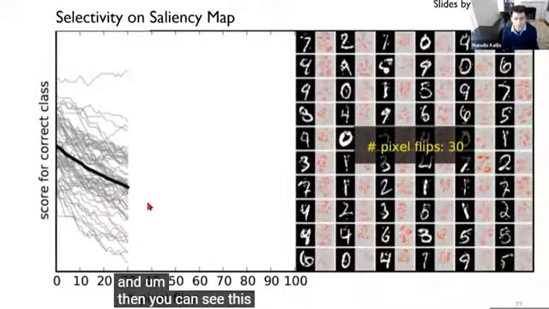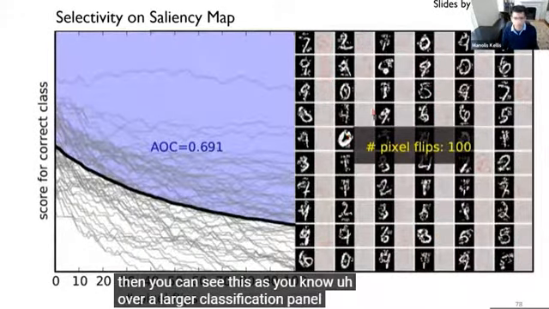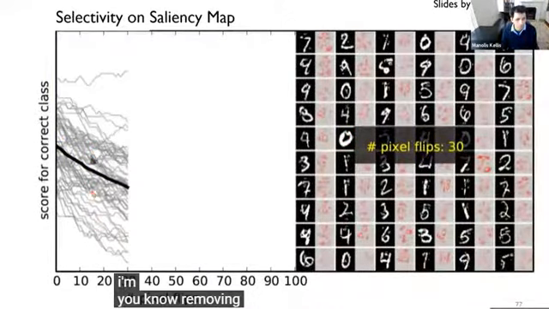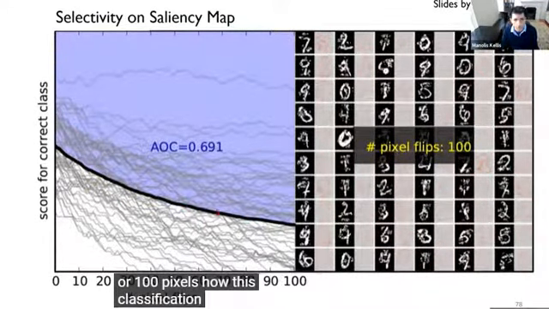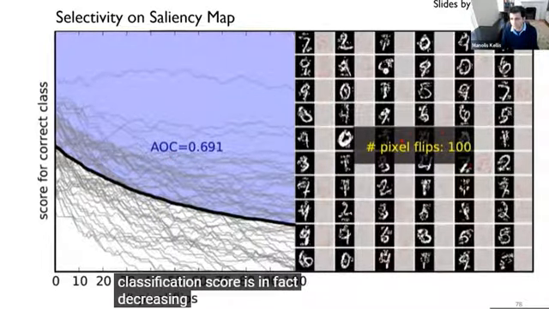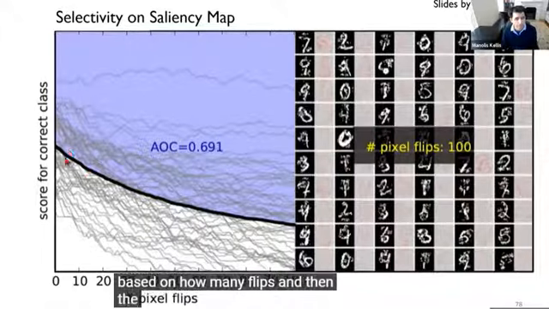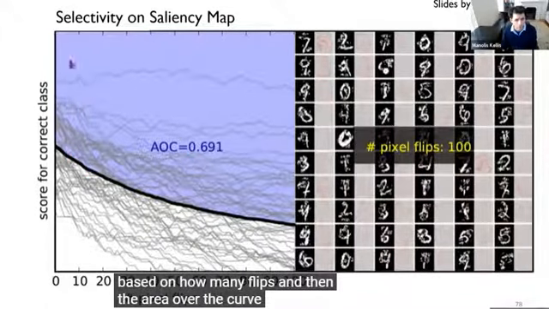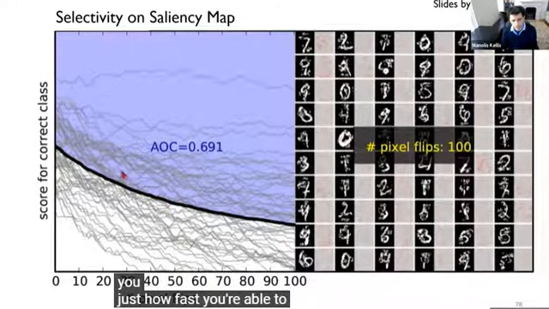Then you can see this, over a larger classification panel, as I'm removing 30 pixels or 100 pixels, how this classification score is in fact decreasing based on how many flips. And then the area over the curve basically tells you just how fast you're able to decrease.